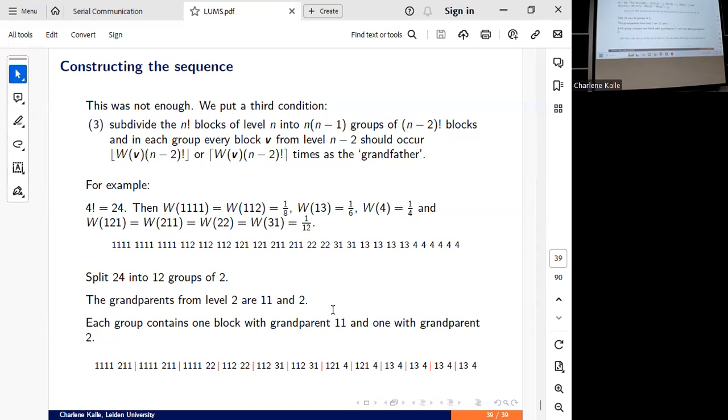And what this third condition does, it says that you cannot put them like this, because now you see all the ones are bunched in the front and all the higher digits are here. And if you do it like that, then the frequency can drop too much. So you need to mix them sufficiently. And this works. We do not know if it's necessary. We suspect this might be too strong, but we cannot find a weaker condition under which this works. So this is sufficient to get enough digits mixed, and you cannot have this bunching of the ones at the front.